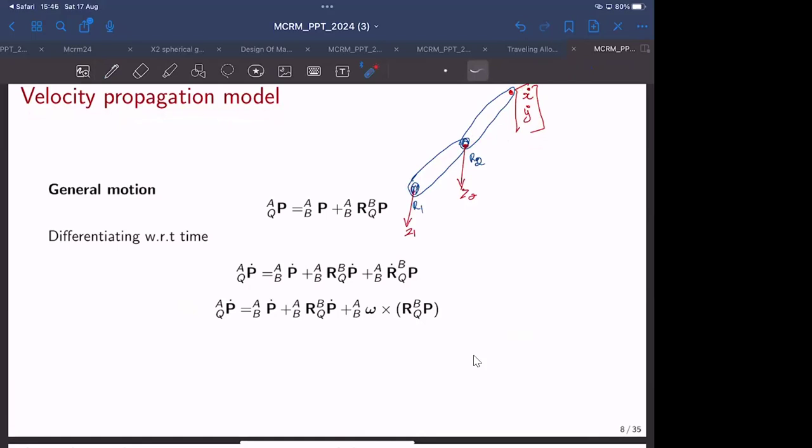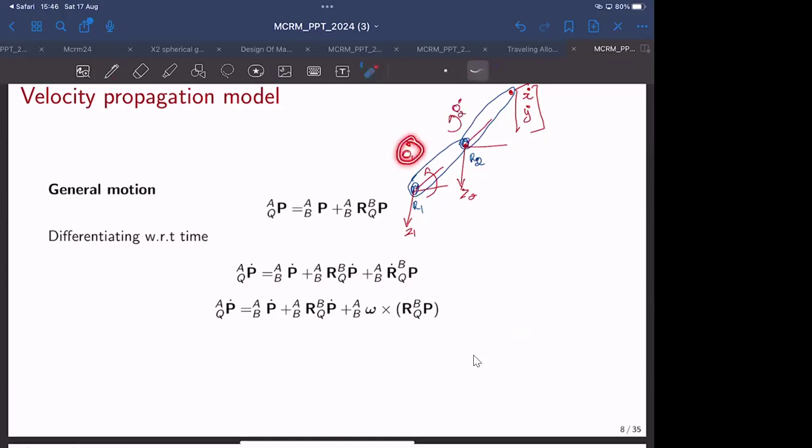There is always an initial condition, because in case of a fixed robot manipulator, the velocity of the base would always be 0 because the base is fixed. The velocity propagation is further contributed by the individual velocities of each of the joints. For example, if the first joint has a velocity of theta1 dot, that is what we are giving, and the second joint has a velocity of theta2 dot.